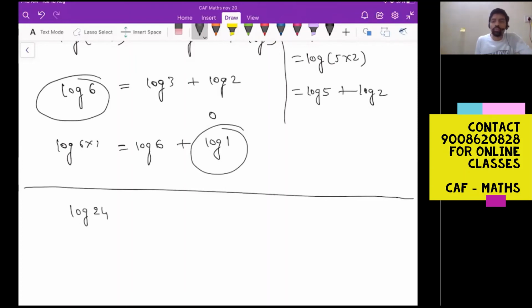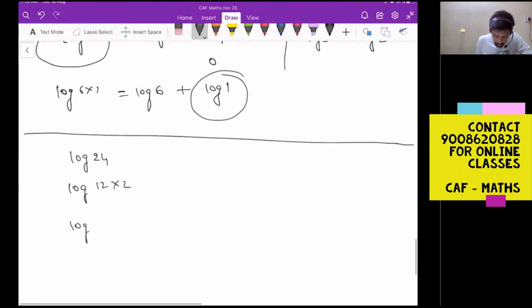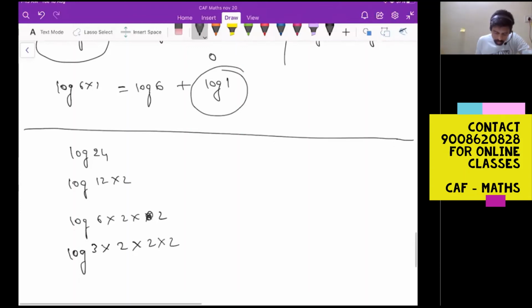Okay, now log of 24. Help me with this log of 24. Log of 24 can be written as log of 12 into 2, right? Or this can be written as log of 6 into 2 into 2, correct? 6 into 2 is 12, 12 into 2 is 24. Or this can be written as log of 3 into 2 into 2 into 2, correct?